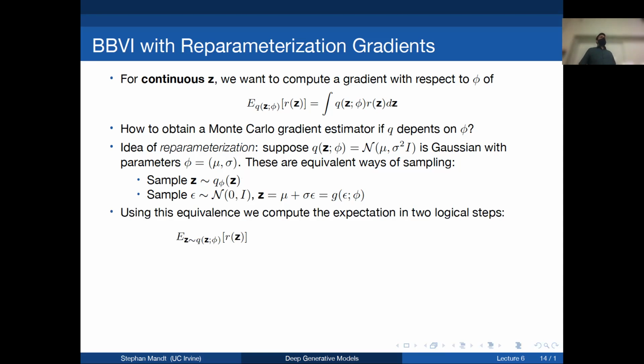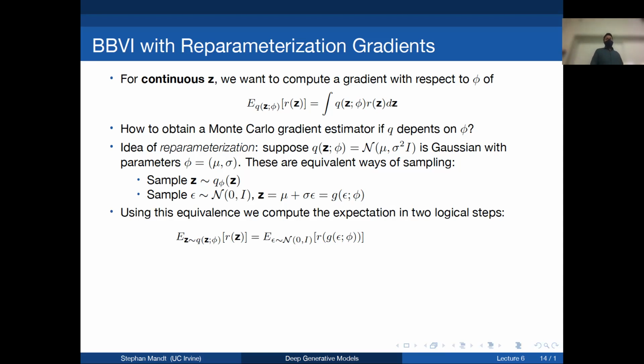Now using this equivalence, we can compute the gradient of that expectation using the following reparameterization trick. Reparameterization exactly refers to this idea. Just copying that expression, the expectation under Q of R of z equals the expectation under that noise variable epsilon, which is now standard normal distributed, of R evaluated at g of epsilon and phi.